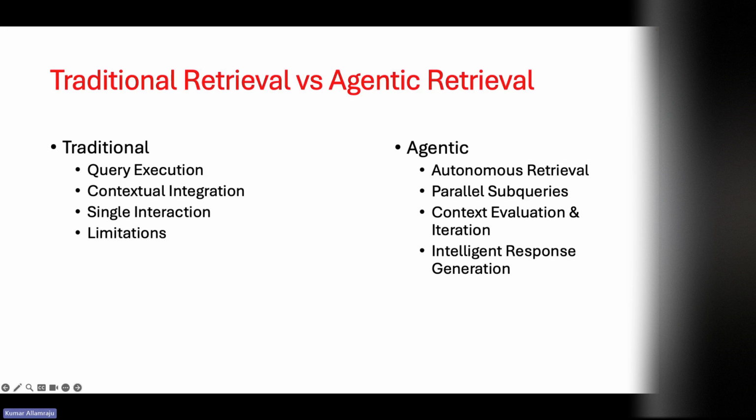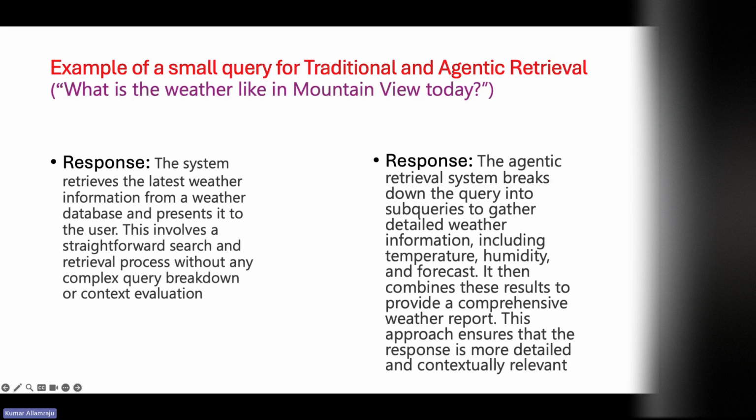Which gives you more accurate and contextual responses compared to the traditional methods, right? So I put together some samples, like how a simple query looks in a traditional method versus an agentic method. So you ask a question: what's the weather like in a particular city?